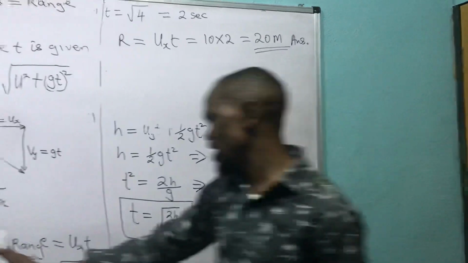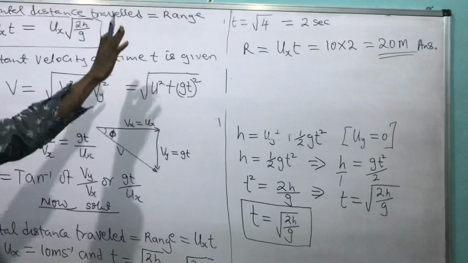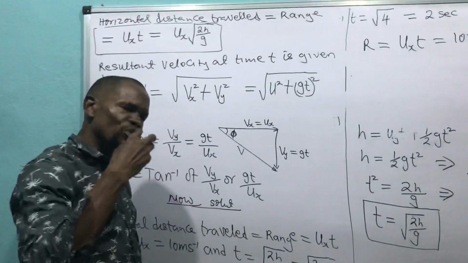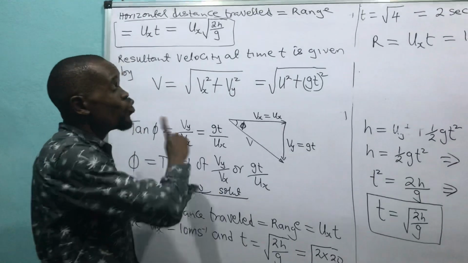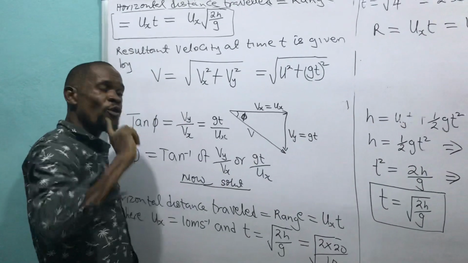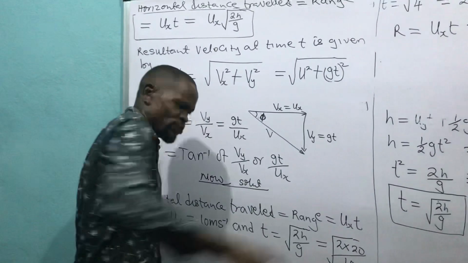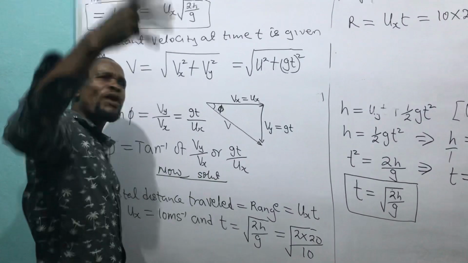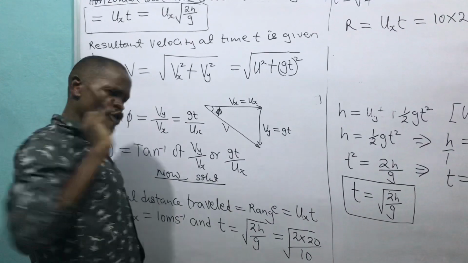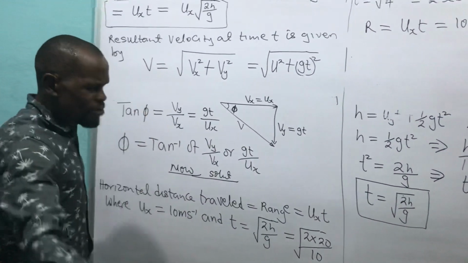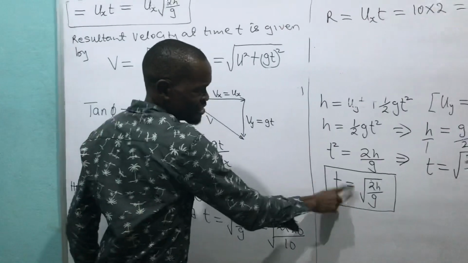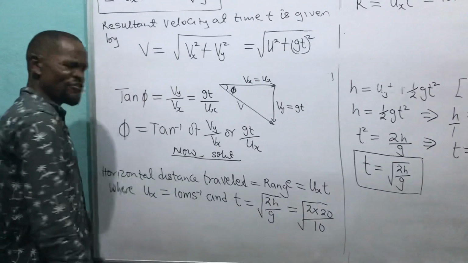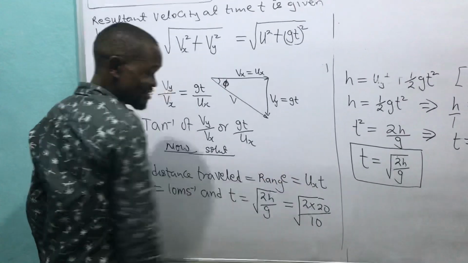Our calculation for that question started from here. And what I've been doing is to give you the characteristics which you needed to put in your brain, the characteristics of horizontal throw of an object from a height. If I throw an object horizontally from any height, or from a vehicle, or from a tower, or from any place, the time it will use to land on the ground is this, and the horizontal distance is the range, which is velocity times time.